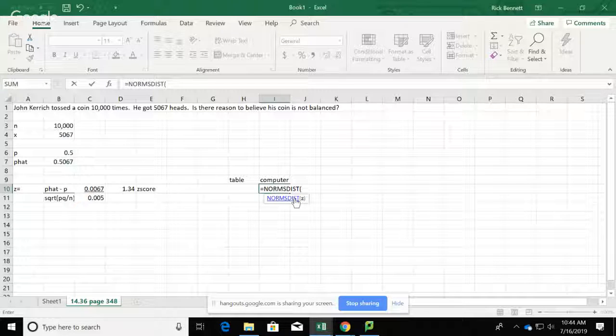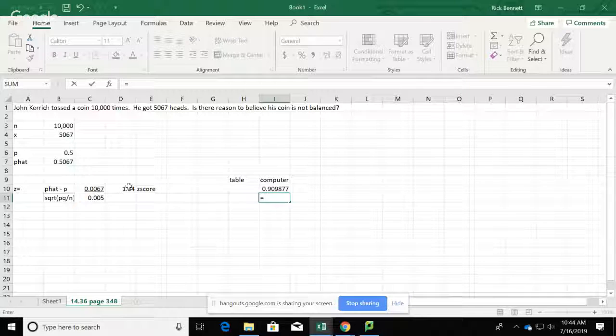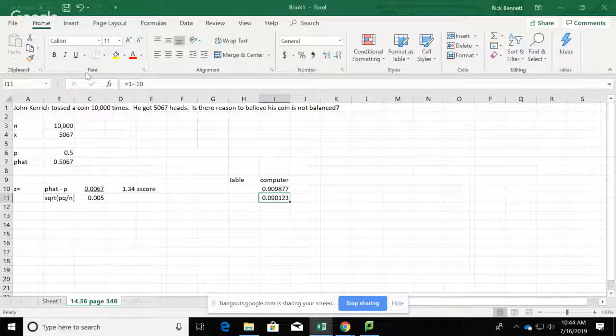And then put in the z-score, which is 1.34, correct? Is that the answer, 0.90? No, subtract them. 1 minus that number. That's my p-value, 0.09.